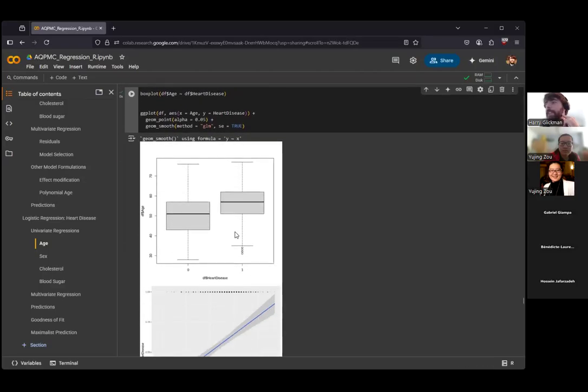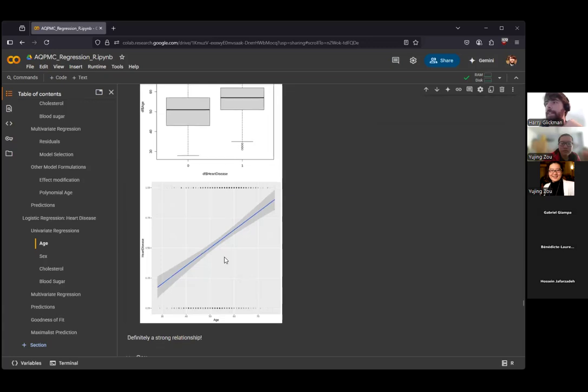And you can see this graphically, where the people that have heart disease are much older. This is just a plot showing the same thing, but the people that have heart disease tend to be much older. And I put some alpha on these plot numbers here, where you can see that the distribution of people with heart disease is quite a bit older than the people without.